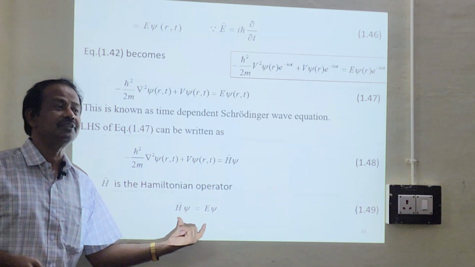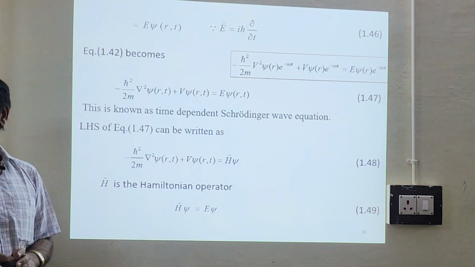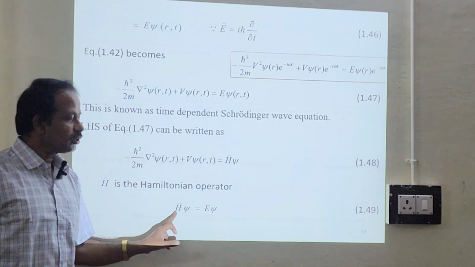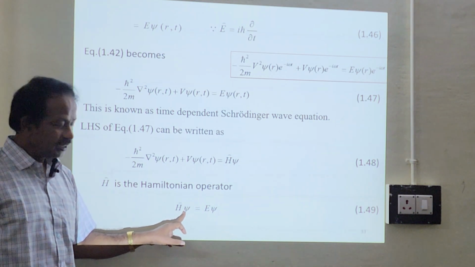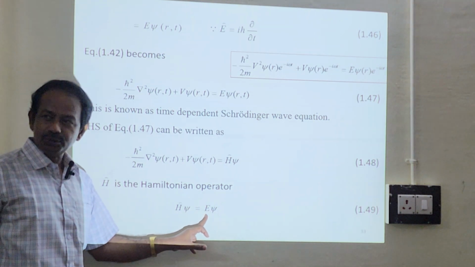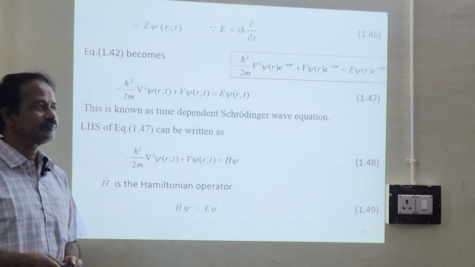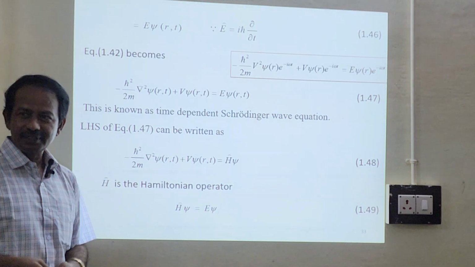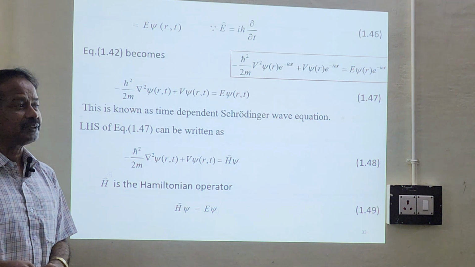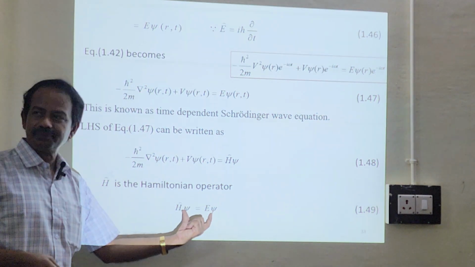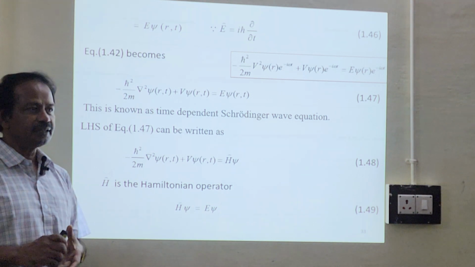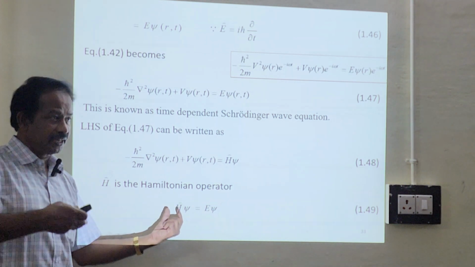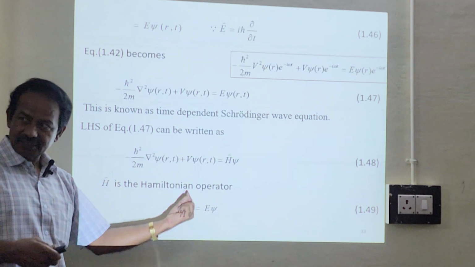This is the eigenvalue equation. H psi equal to E psi. So the Hamiltonian operator operates on the wave function and will give you an eigenvalue times the wave function. If both are the same, what we call this as an eigen function. You can choose any wave function psi, and we are going to operate the H operator on it.